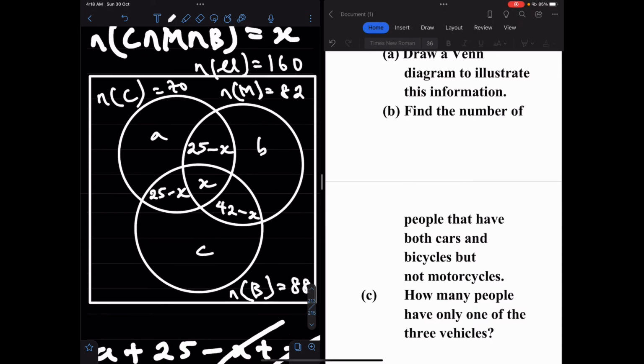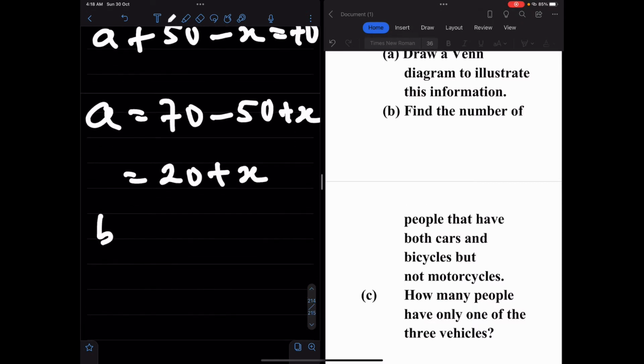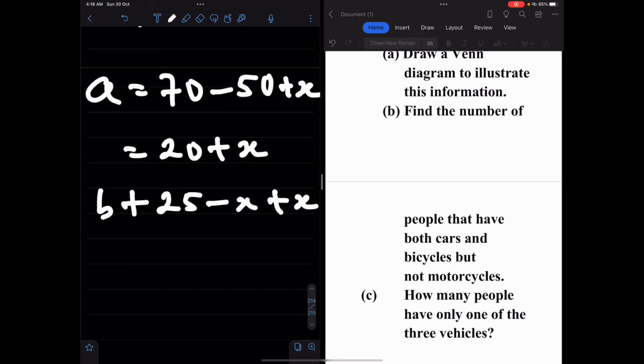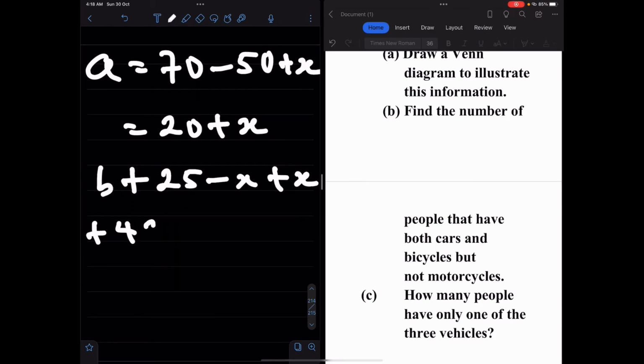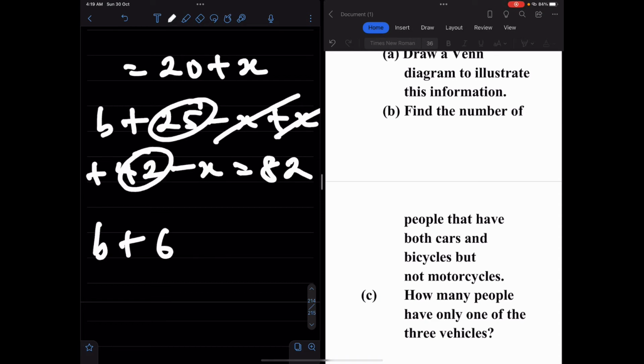That's the number of elements in the set M. So B plus 25 minus X plus 42 minus X equals 82, and minus X plus X is 0, and that means B plus 25 plus 42, which is 67, minus X equals 82.